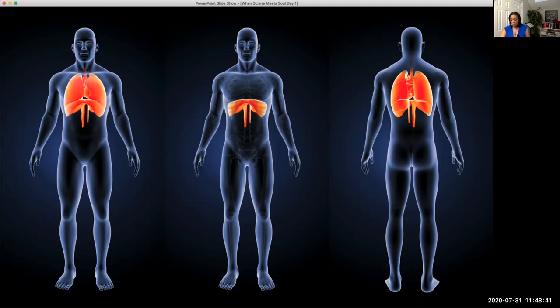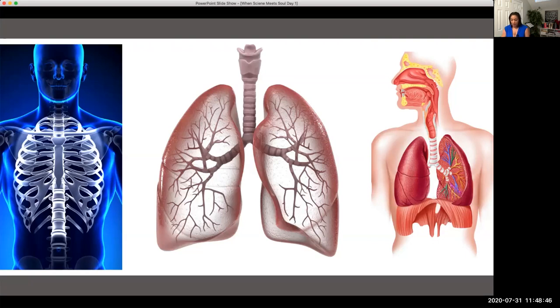And this is the process that we're going to start looking at.